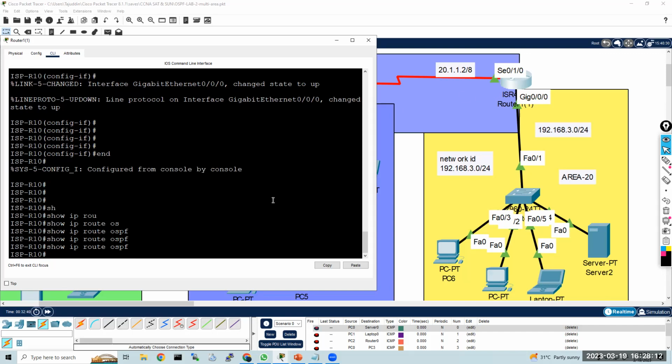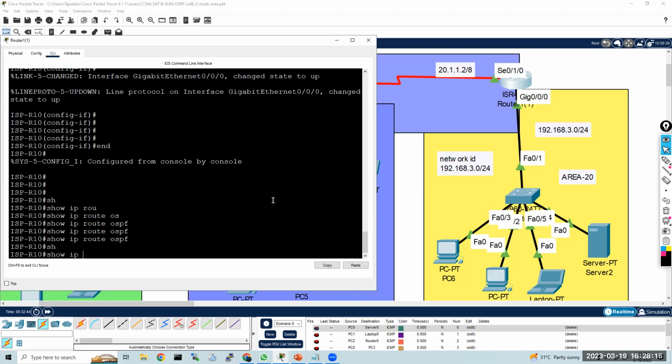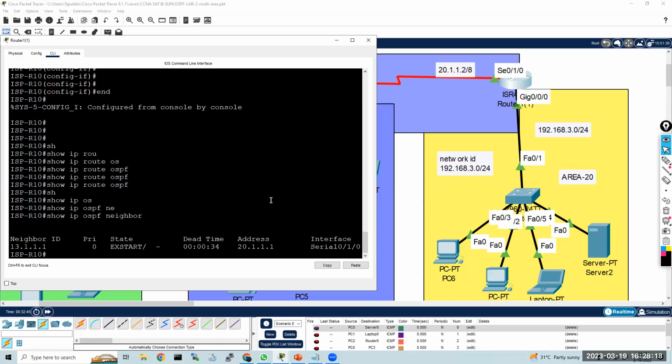Show IP route OSPF, never. It's showing 3 networks. Who is 3? 13 loopback, I think the loopback.